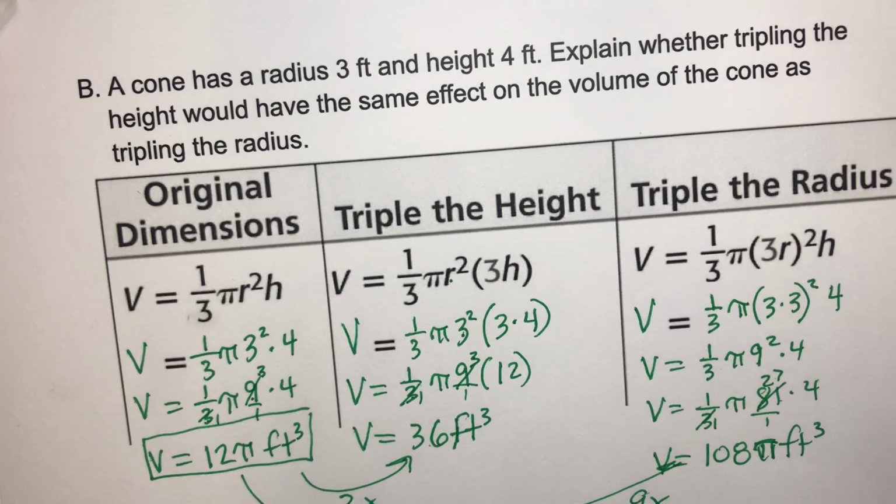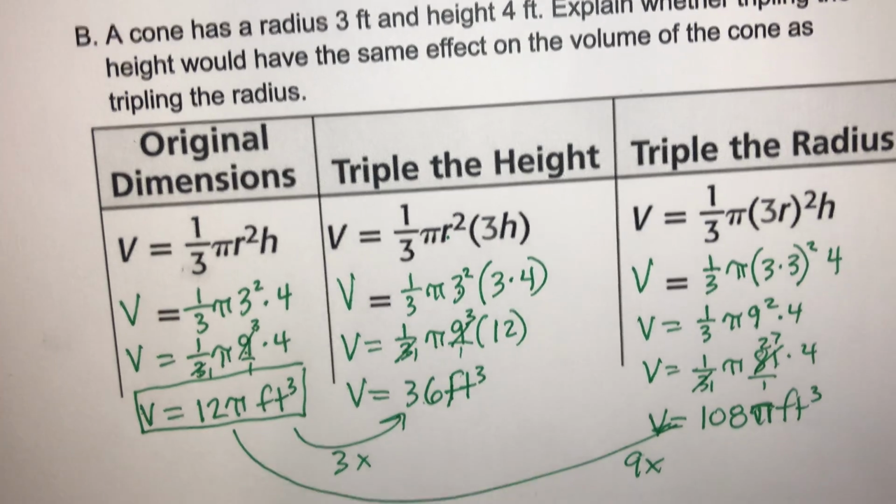So explain whether tripling the height would have the same effect on the volume of the cone as tripling the radius.